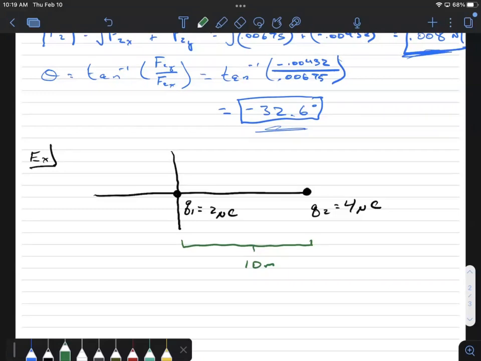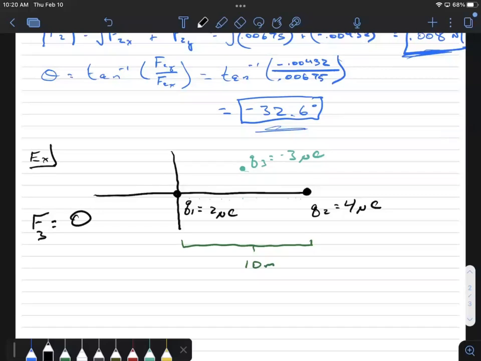Okay. The question is, where should I put Q3, which will be a charge of -3 microcoulombs? Where in between here should I place this Q3 such that the total force on 3 is equal to 0?